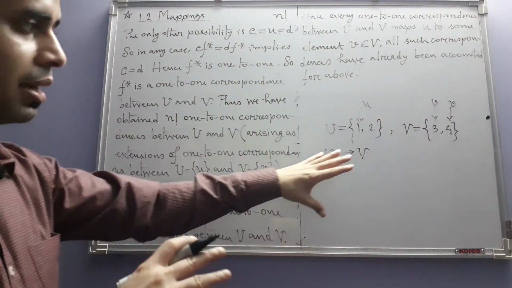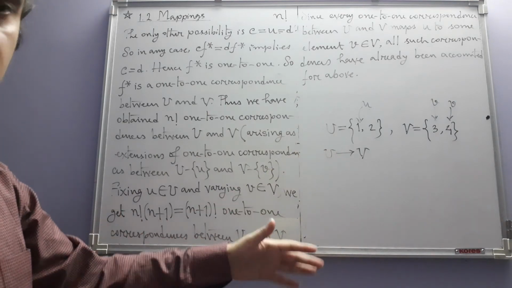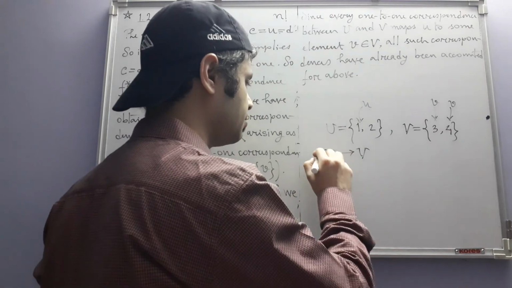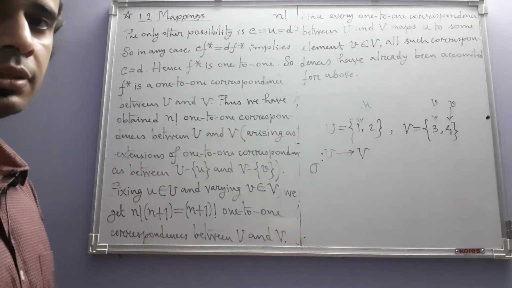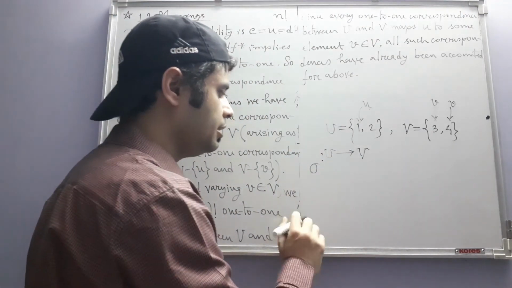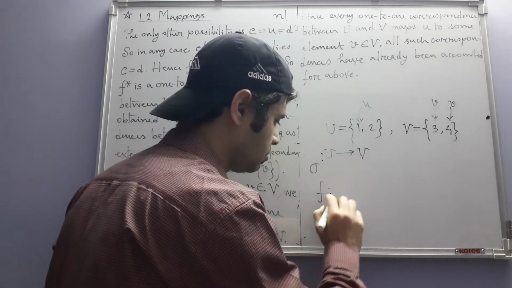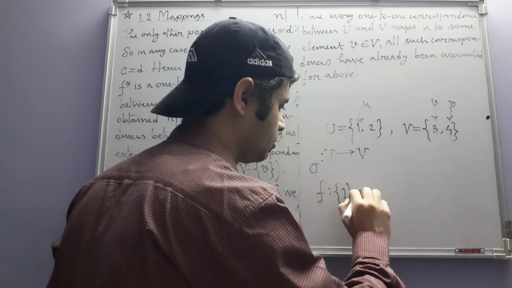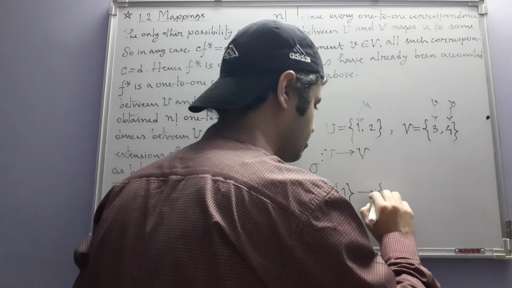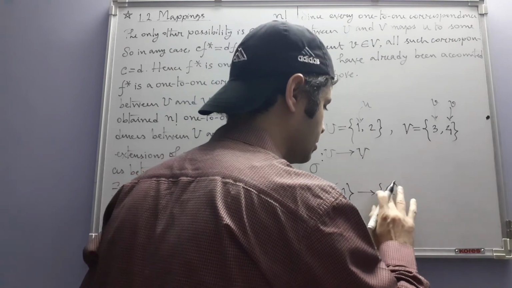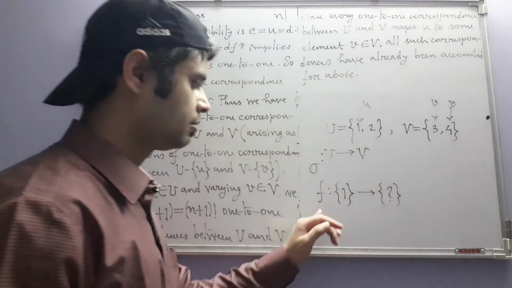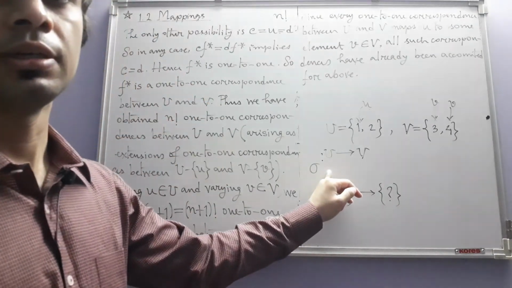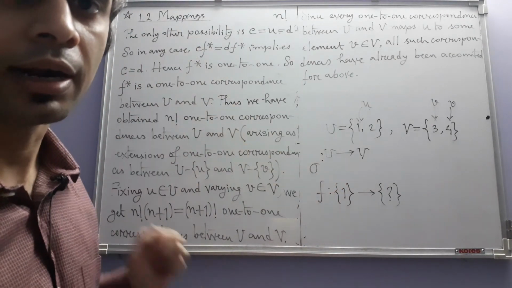Now from among those one-to-one correspondences that you have chosen, you choose any one arbitrarily, say sigma, from U to V. Then you try to see what f, which is a function from 1 to something here, this is the question mark, qualifies as that function whose extension is sigma according to our argument.